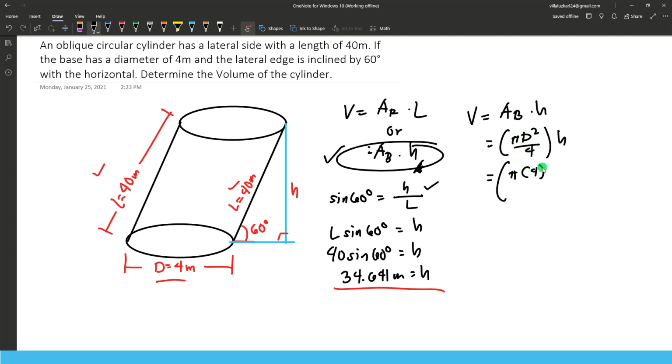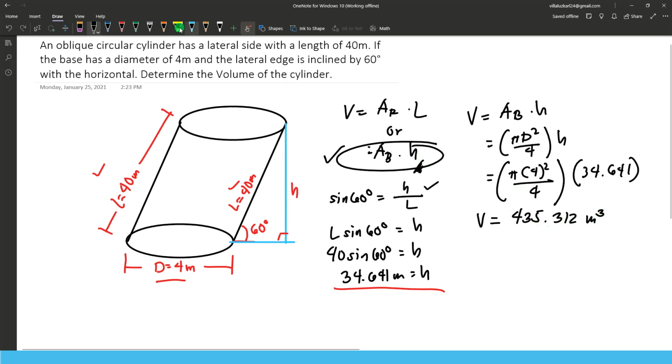So substitute pi times 4 squared over 4 times h, 34.641. Computing that, we have a volume of 435.312 cubic meters. That's in cubic meters. Okay, next problem.